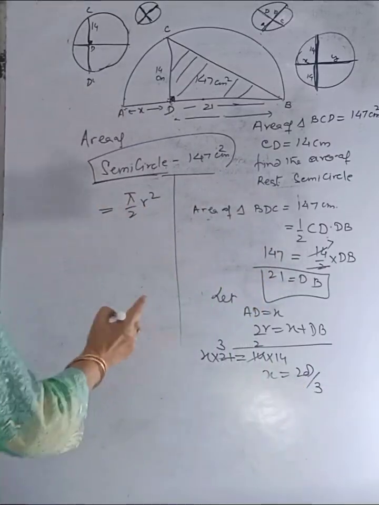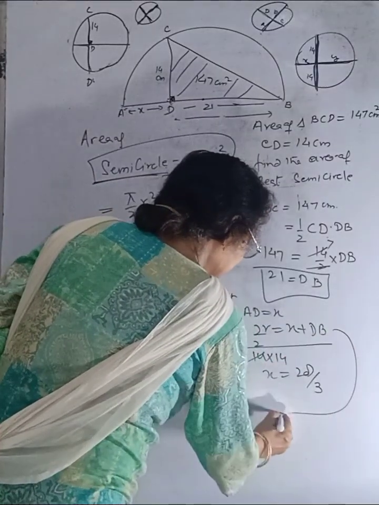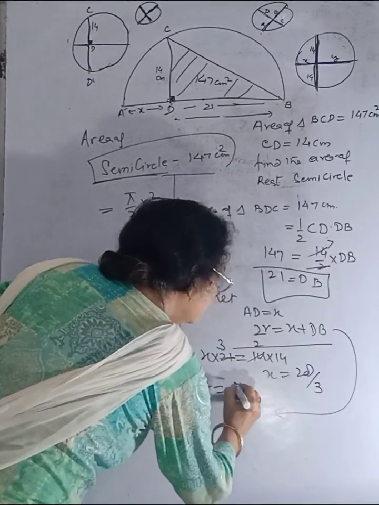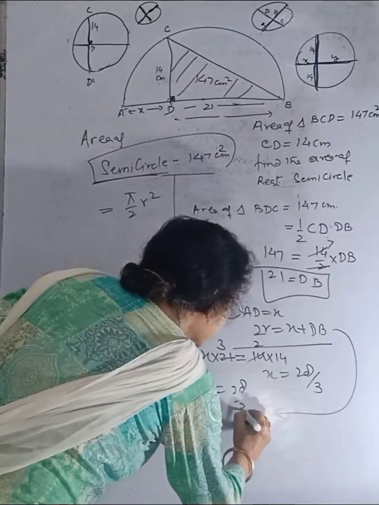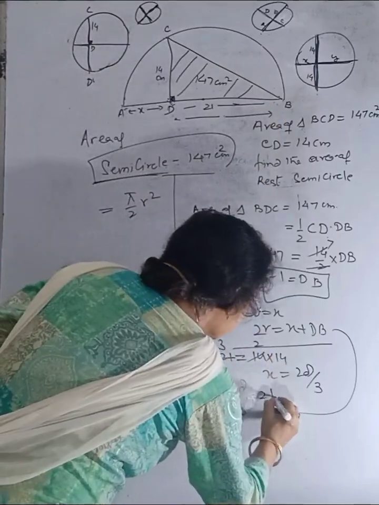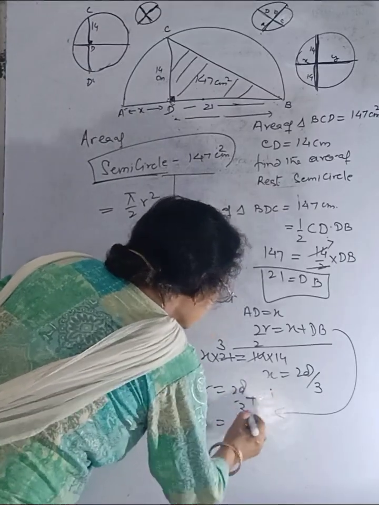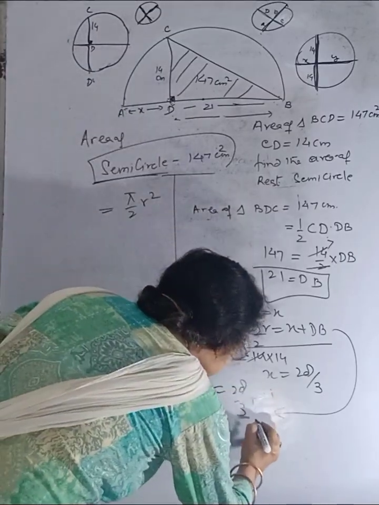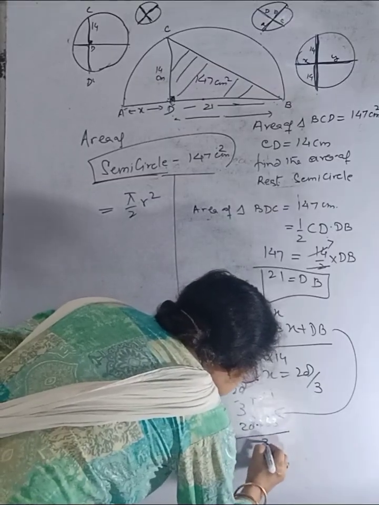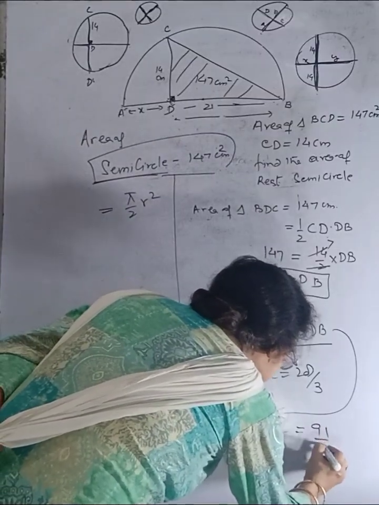This we have now obtained. Now for the diameter, 2r will be equal to 28 by 3 plus 21, that is equal to 28 plus 63 upon 3, that is 91 upon 3.